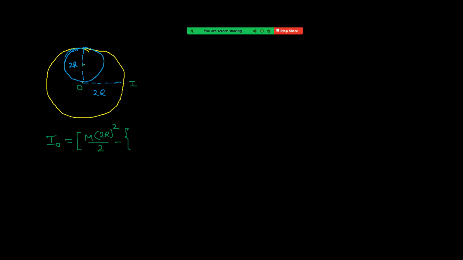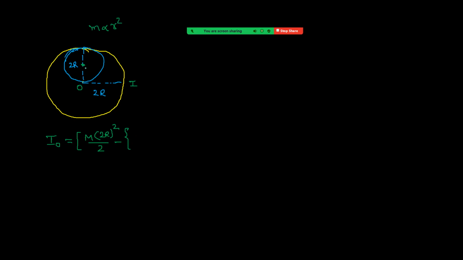For the removed part, first focus about its own axis, means about this axis. You can see here, for the bigger one radius is 2R, for the smaller one radius is R, means the radius is a half. And just now we have learned mass is proportional to square of the radius.